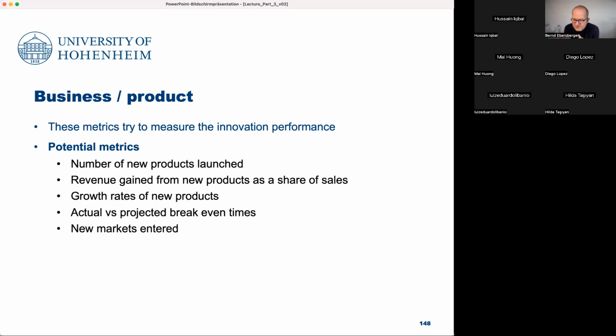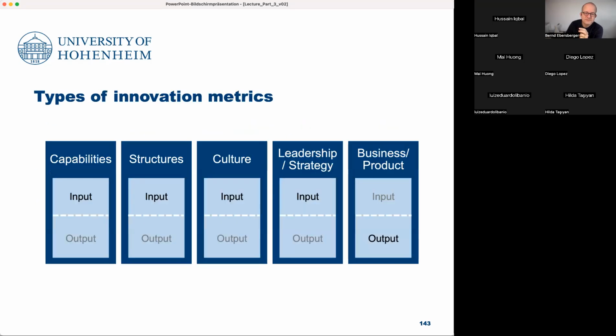Now there's another issue I'd like to mention. We have now differentiated between input measures and output measures, input metrics and output metrics. So remember this, there's input metrics and there's output metrics. So what is the difference for you as a manager between the input and the output metrics?